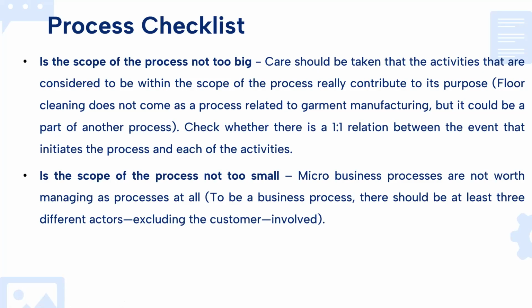We discussed who the actors within a process are in the last week's lecture. To be a business process, there should be at least 3 different actors, excluding the customer. Without the customer, there should be at least 3 actors within a process to consider it as a process that we need to manage. Okay, so those are the things that should be included in the process.